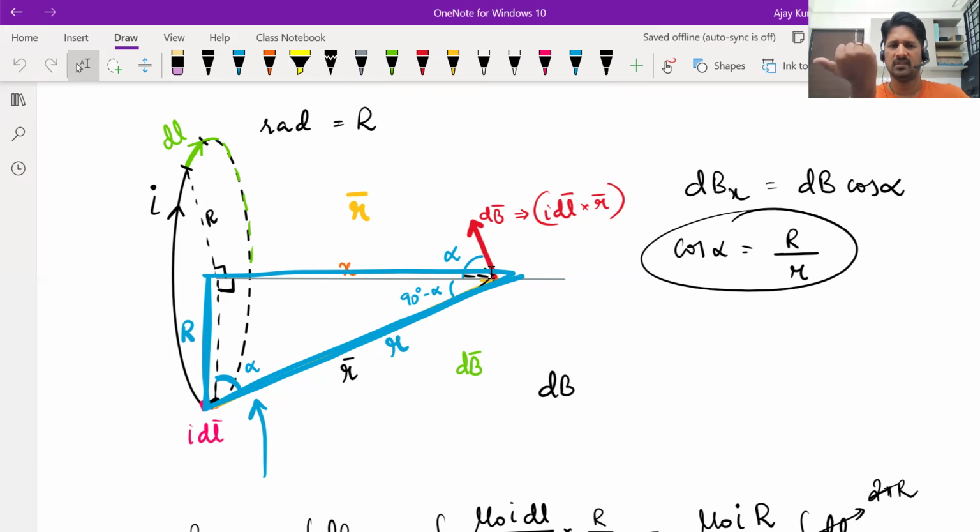Left, sir. Left. Okay. Correct, magnetic field is to the left. Fine. So you just have to curl your right hand fingers along the flow of current. Then the thumb will show you the direction of magnetic moment.